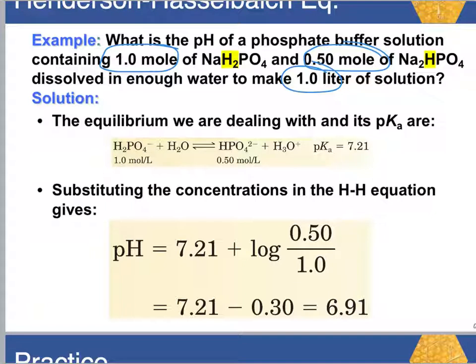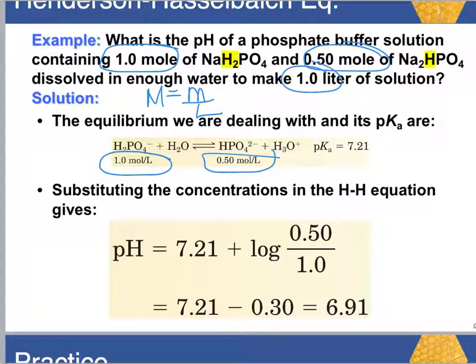So if we were actually to calculate the concentration, molarity equals moles over liters. So 1 divided by 1 is 1. So the concentration of the dihydrogen phosphate ion is 1 molar, or 1 mole per liter. And the 0.5 divided by 1 is 0.5 moles per liter.